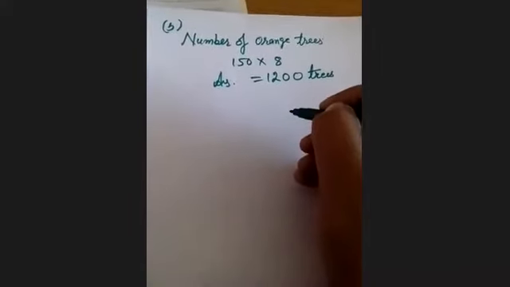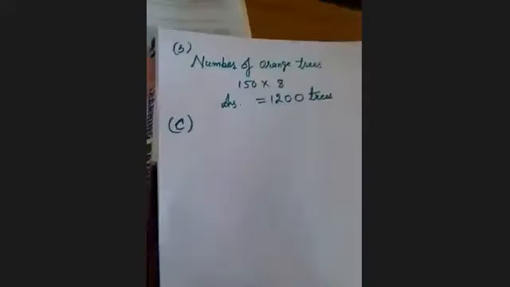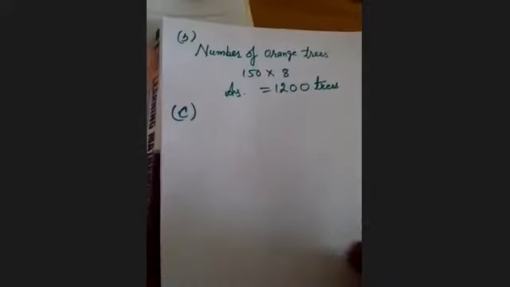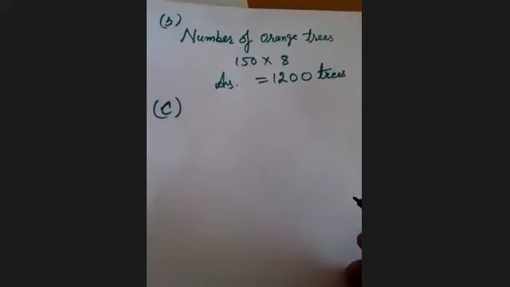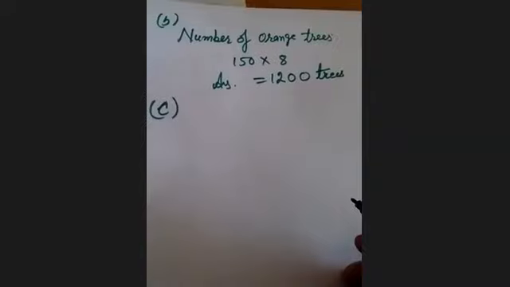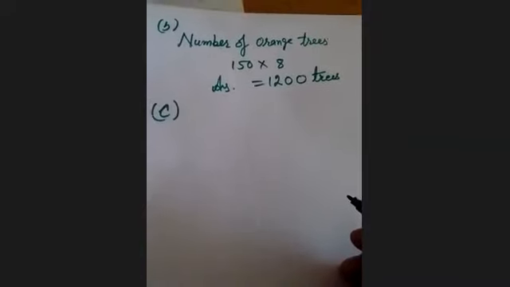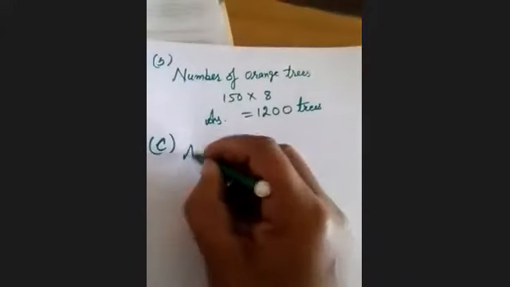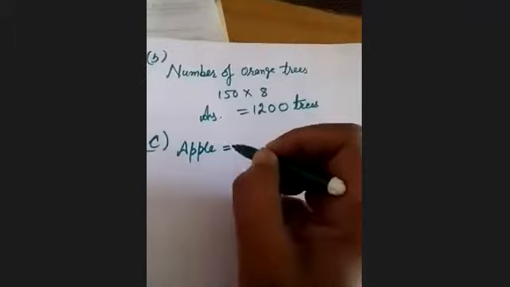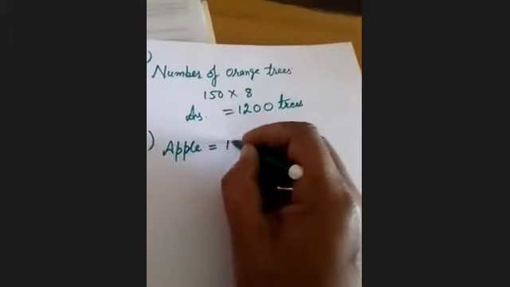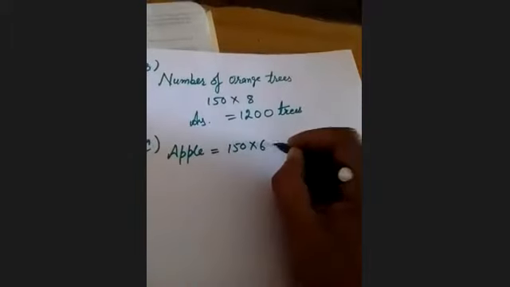Clear, students? Next is C. How many more apple trees are there than mango trees? First we'll find how many apple trees are there. Apple trees: 150 multiplied by 6. We have 900.